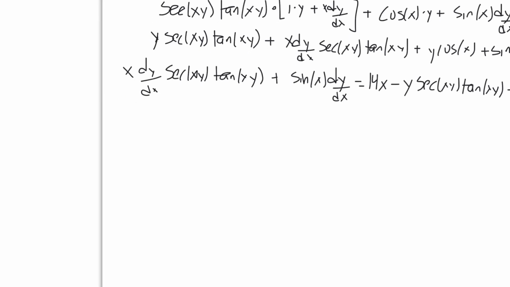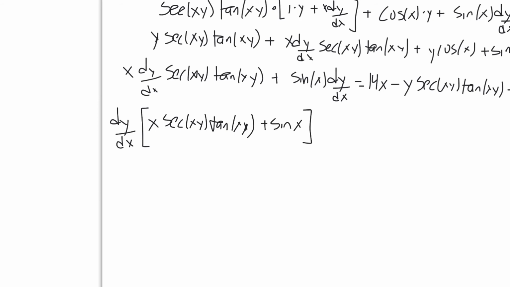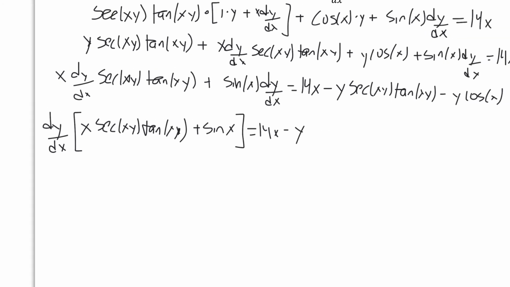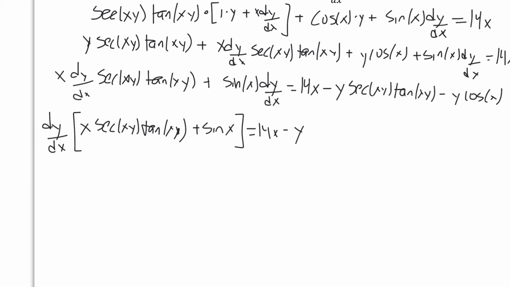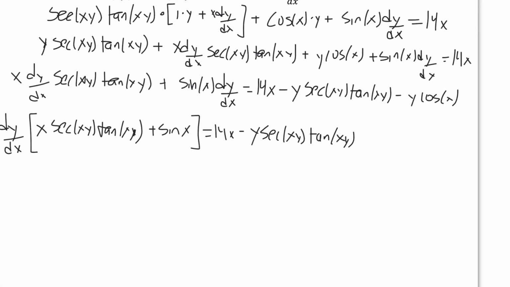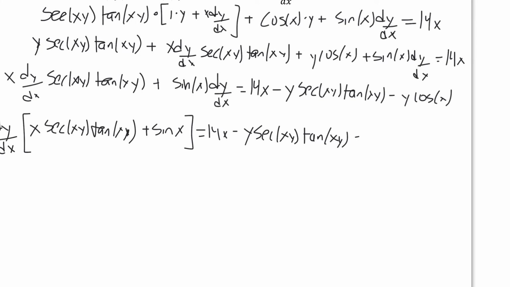So we're going to have here dy/dx left with x secant xy tan xy plus sine x equals 14x minus y secant xy tan xy, and then still minus y cos x.